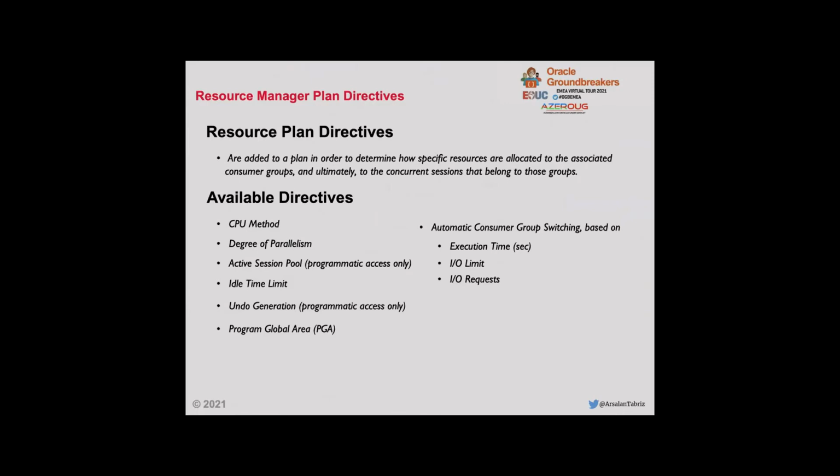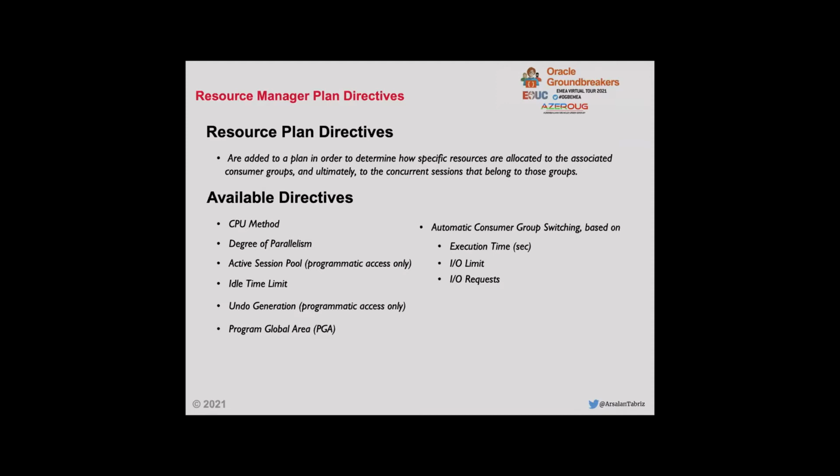Another element is resource plan directives. Resource plan directives are added to a plan in order to determine how specific resources are allocated to the associated consumer groups and to the concurrent sessions that belong to those groups.